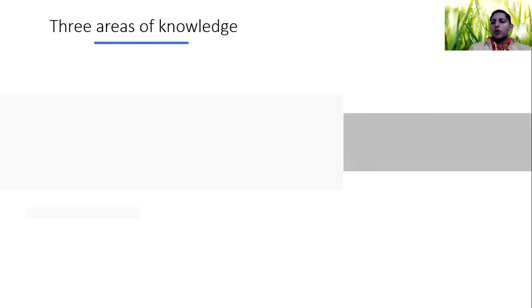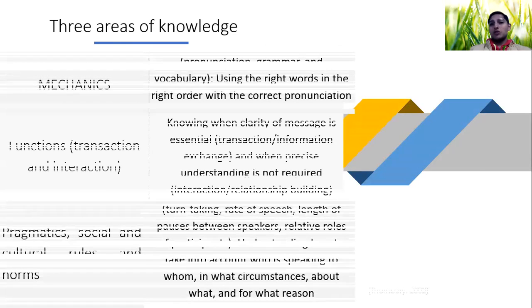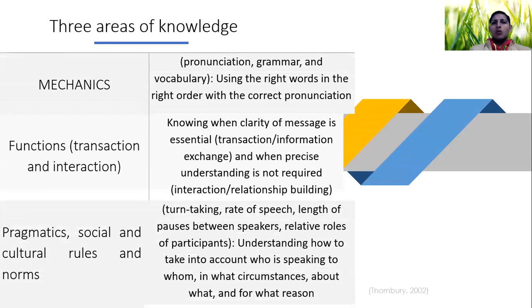Well, according to Thornbury, there are three different areas of knowledge regarding speaking. One is the patterns, the models: pronunciation, grammar, and vocabulary, using the right words in the correct order with the proper pronunciation. This is about mechanics. Additionally, according to him, we have functions, transactional and interactional strategies, and situations.